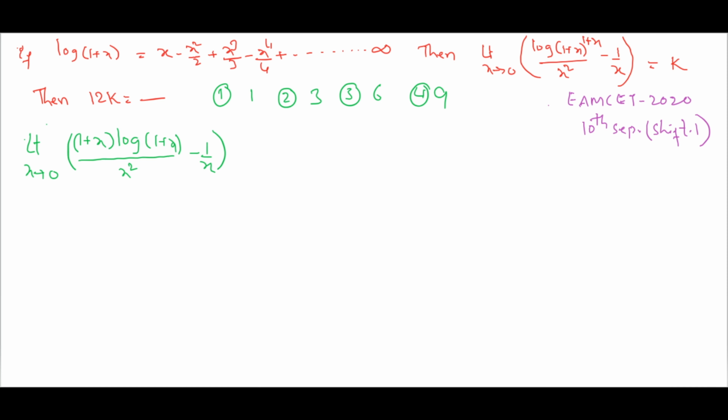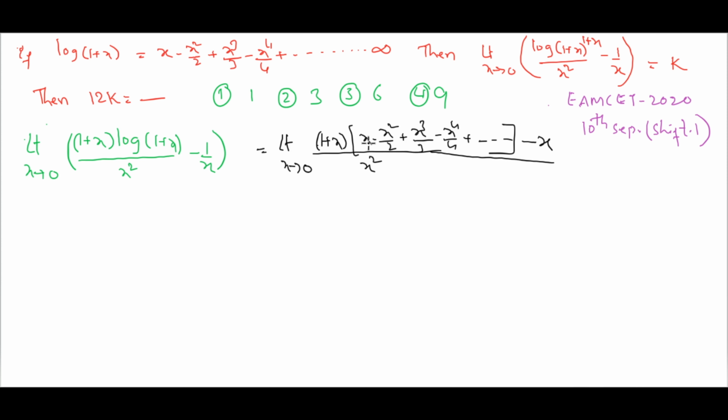Substituting the expansion of log of 1 plus x, that is equal to limit x tends to 0, where the LCM is x square, of 1 plus x into (x minus x square by 2 plus x cube by 3 minus x power 4 by 4 plus up to infinity) minus x.